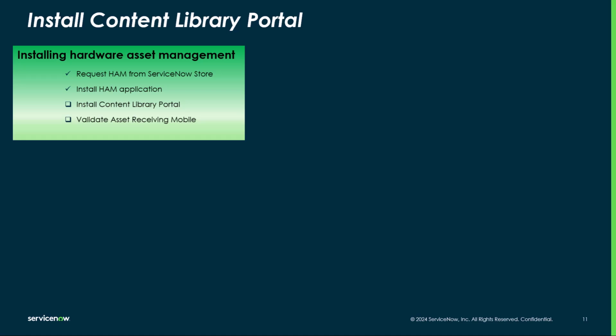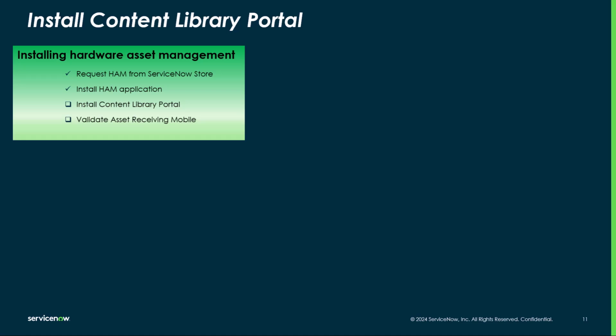Okay, so now we've requested it from the store, we've installed the application. One of the other things we want to make sure we do is install the very handy Content Library Portal. What the Content Library Portal does is it adds another section to the Hardware Asset Workspace, which is going to allow you to search our content library tables and all of the different models and manufacturers that are available in our content library.